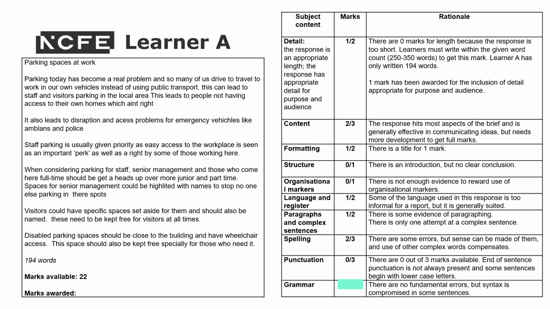For punctuation, scored 0 out of 3 marks available. The end of sentence punctuation is not always present, and some sentences begin with lowercase letters. And for the grammar, 2 out of 3, there are no fundamental errors, but syntax is compromised in some sentences. So overall, this learner would be awarded 10 marks.